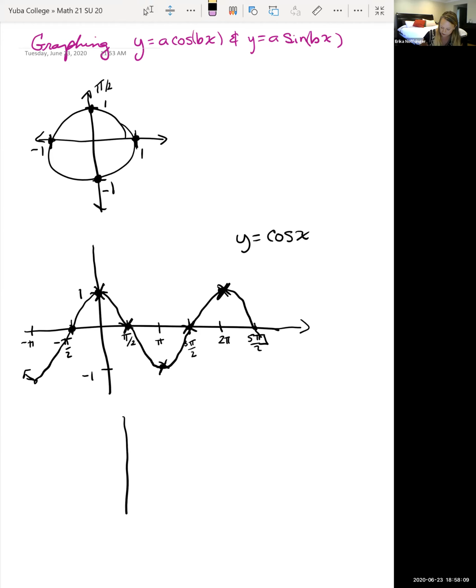By looking at the unit circle again, one way to think of it. Remember, on a unit circle, sine is the y value of your point. And so at 0 radians, the y value of that point is 0. So y equals sine of x has a point at the origin, 0, 0. When we get up to pi halves, sine of pi halves is 1.